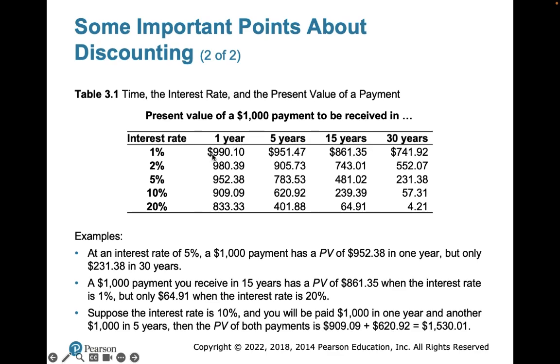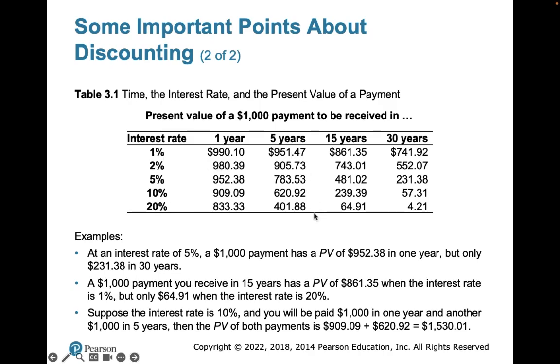If you look at it, it's reducing. You see it? It's reducing from 990 to 951 to 861 to 4. Now if you look at 2%, it's the same: 980, 905, 743, 550, it is reducing. So for others, the first years are bigger.